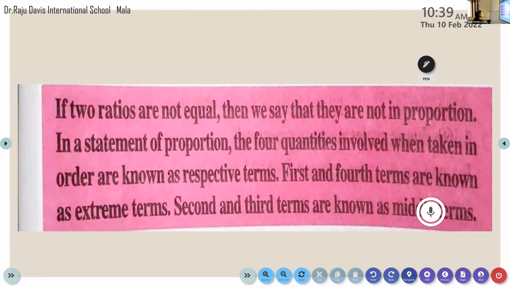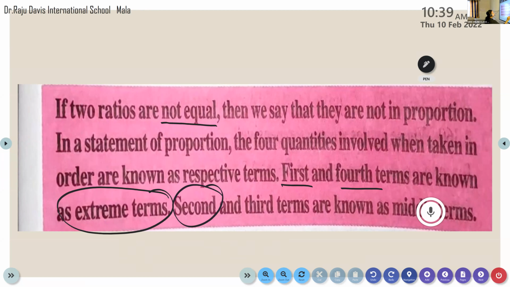Then what we learned: if two ratios are not equal, then we say that they are not in proportion. And children, we learned what are extreme terms. First and fourth terms are extreme.